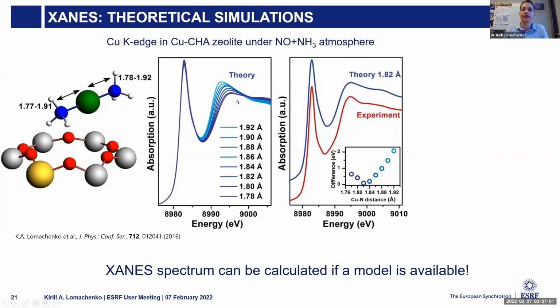And we can also see, as we vary the distances between copper and nitrogens, how the spectrum changes. And by tuning this distance to get the best agreement between the experiment and the calculated data, we can conclude about the best, the most appropriate value of the structural parameter. So we can tell what this bond distance is.